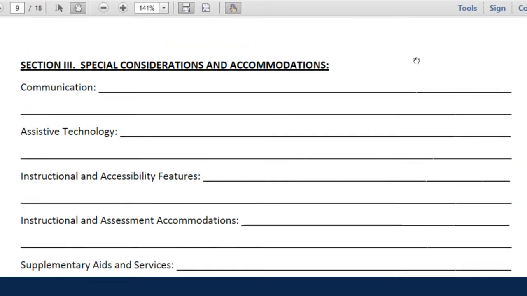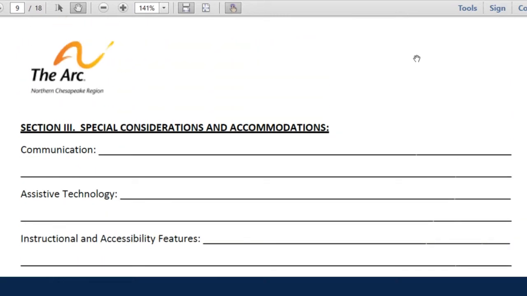I thought I had this one set up. We will be on page 9, which is special considerations and accommodations.